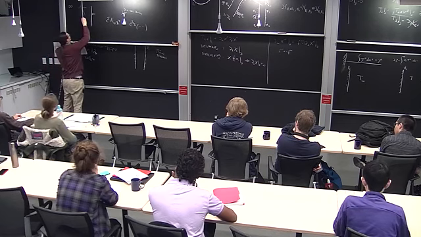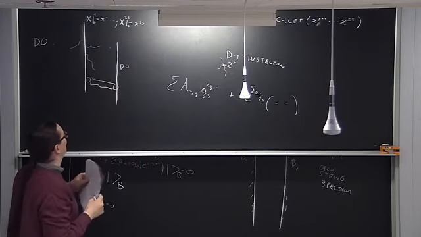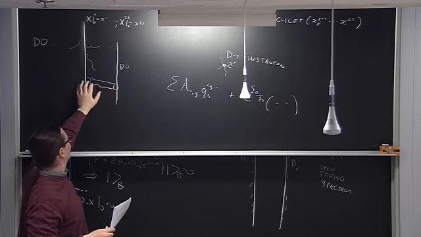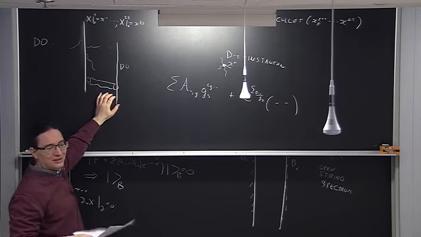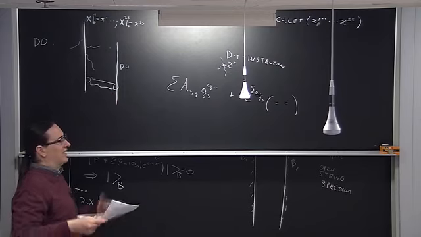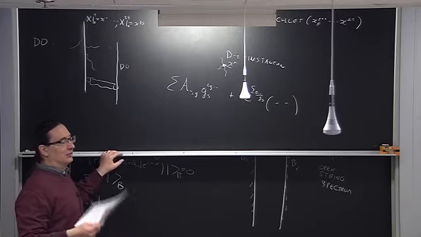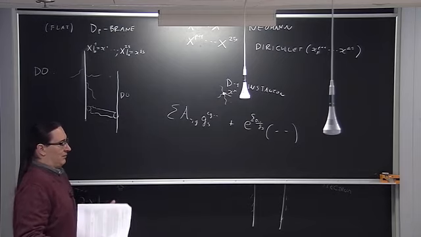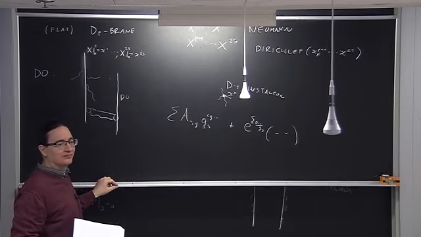See, if I source a closed string state which is massive, the field sourced by the D-brane would decay exponentially fast in a way controlled by the mass of that string state. Right? If I have a massive scalar field, say, and I put a source for it, or a massive vector field, it sources a background which is exponentially decreasing in space.